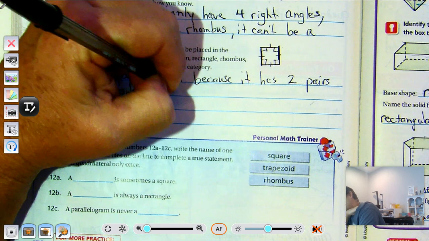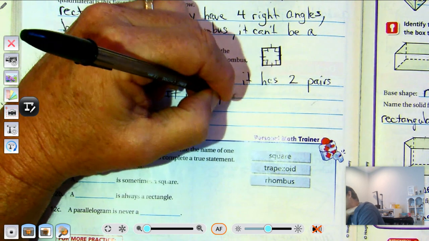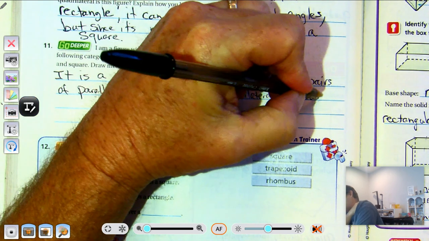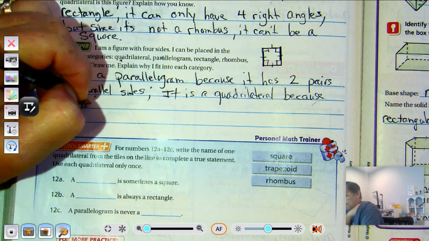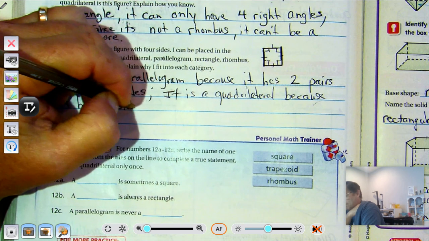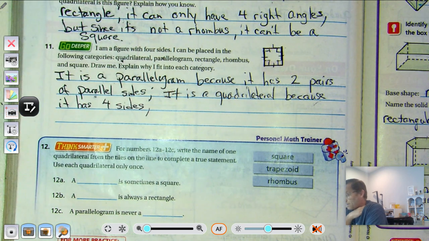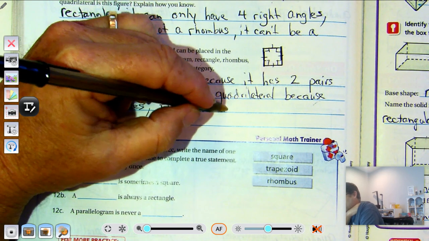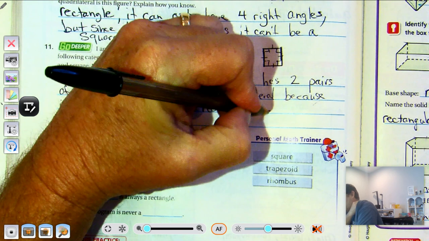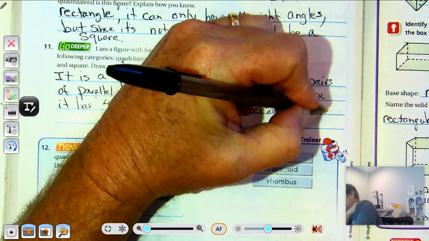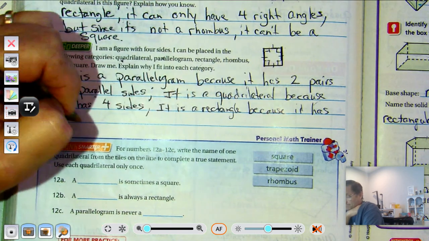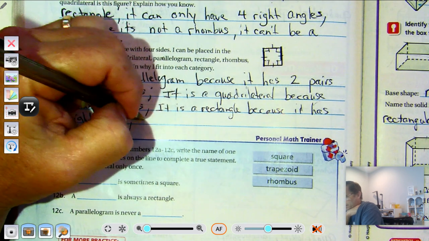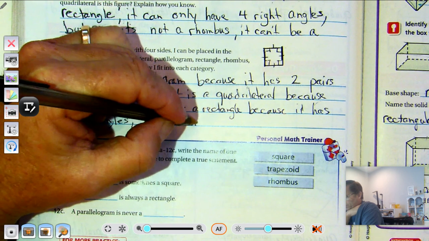It's a quadrilateral. Because it has four sides. It's a rectangle. Because it has four right angles. It's a rhombus because it has four equal sides.